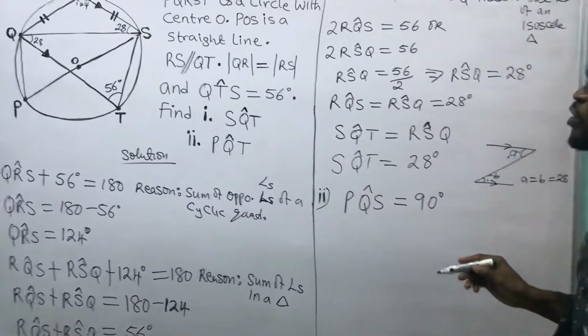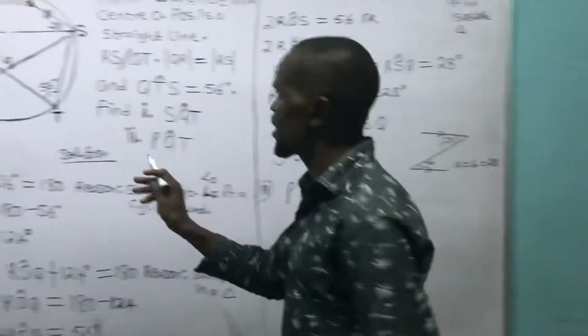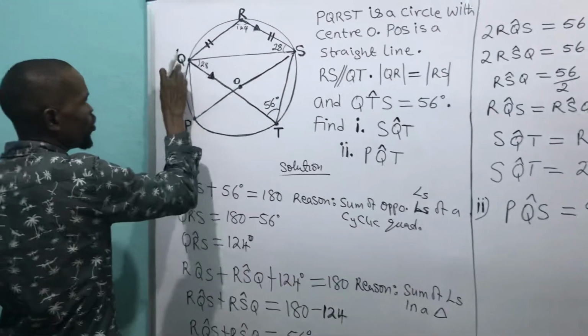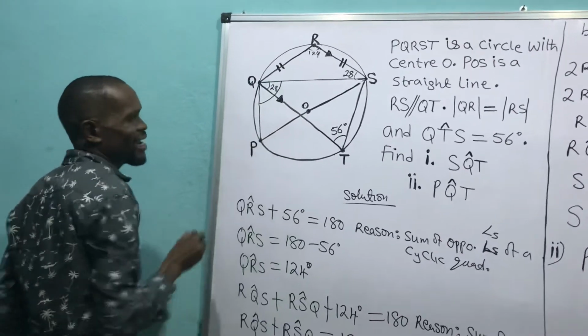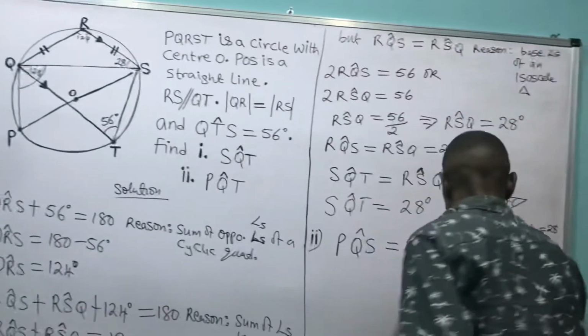Somebody would ask me, why did I say it's 90? Watch the diagram here. PQX is 90. This angle here is 90. Reason: who said that? Why did I say that?